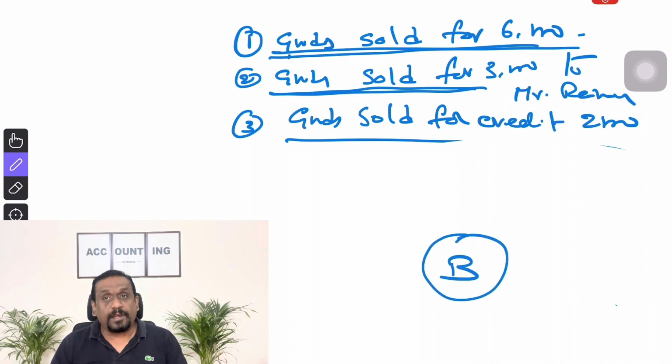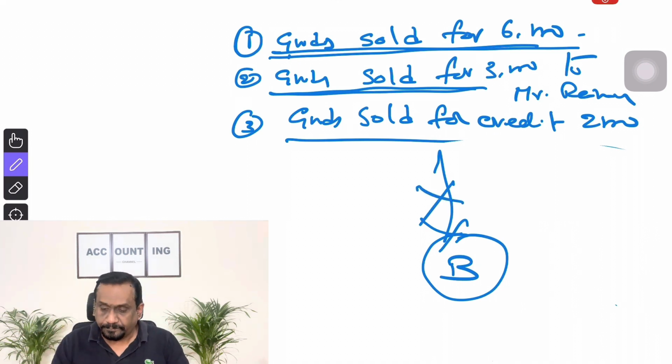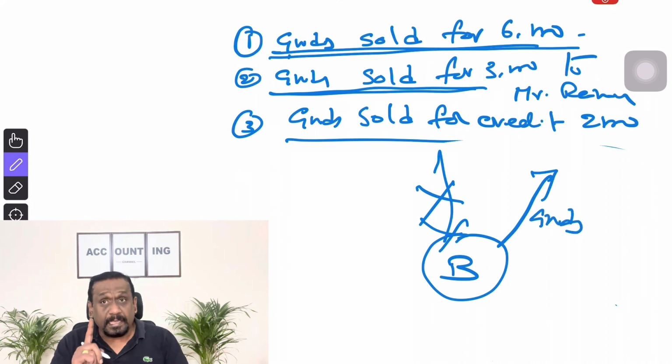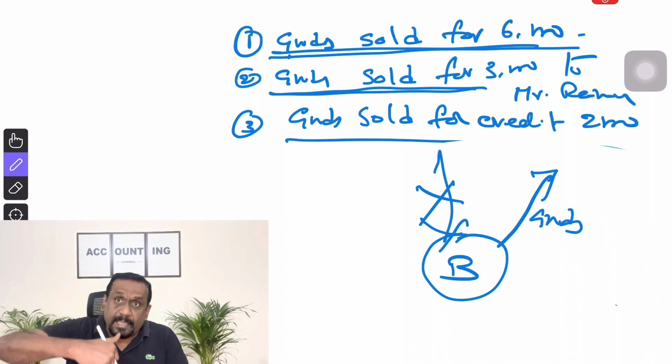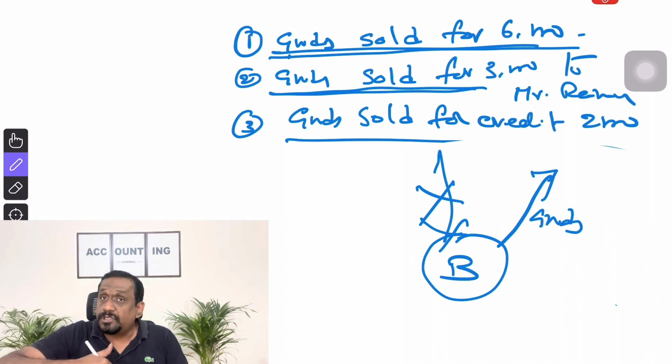When goods are sold for credit, what comes in? Nothing. Why? Because it is a credit sale. Then next question is what goes out? Goods. As I said previously, when goods are going out and nothing is coming in, what question do you need to ask? Who is the receiver of these goods?